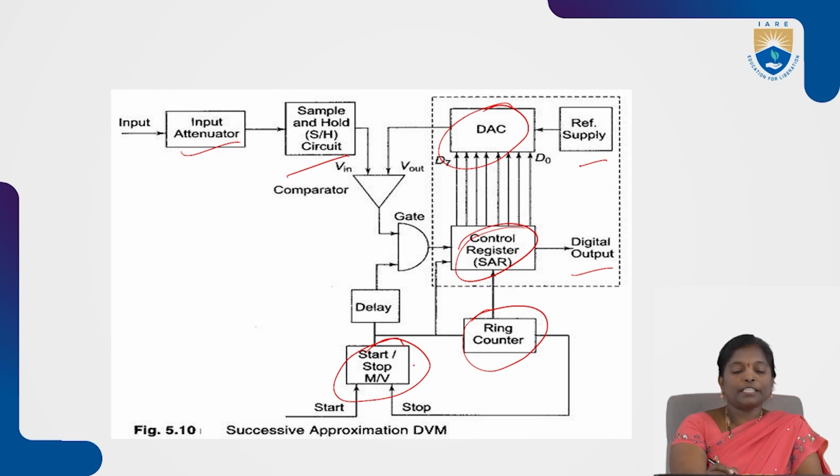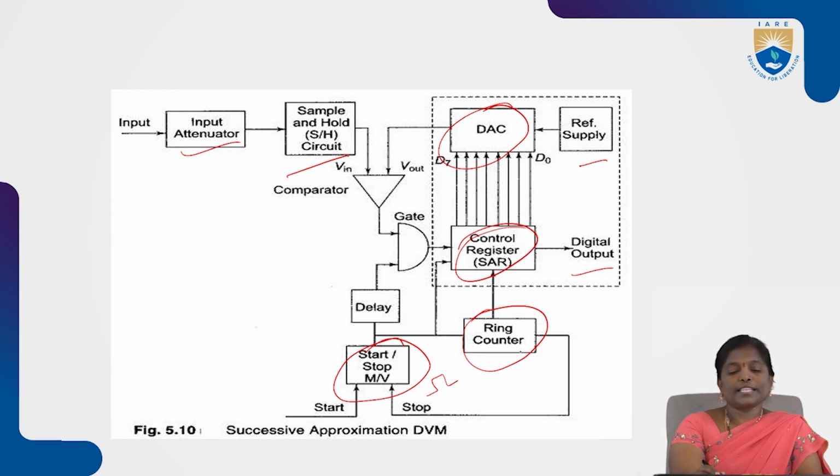Coming to the multivibrator, it is mainly used to generate pulse signals. Here we have a start or stop multivibrator. Whenever we start the multivibrator, it generates the pulse signal. If we stop it, it stops sending the pulse signals.